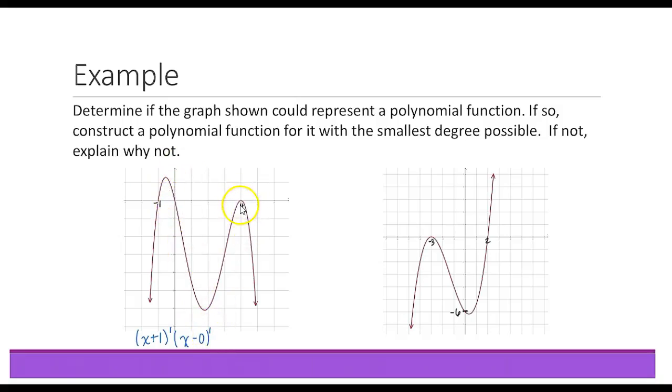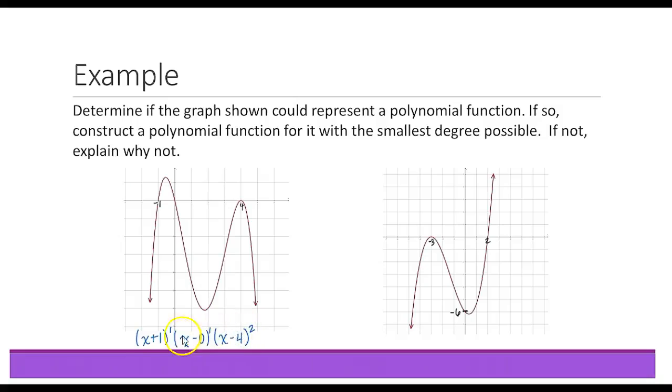And then 4 is a 0, or x-intercept, but it bounces off the x-axis. So when we create its factor, it's going to be x minus 4, and then it's going to have to be an even power, but we want to do this with the smallest degree possible. So we're going to put 2 for the multiplicity of the factor x minus 4.